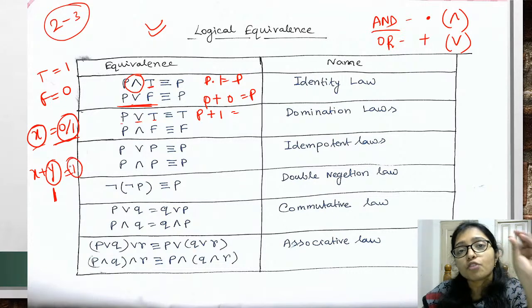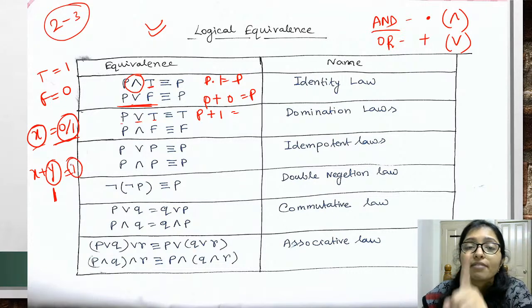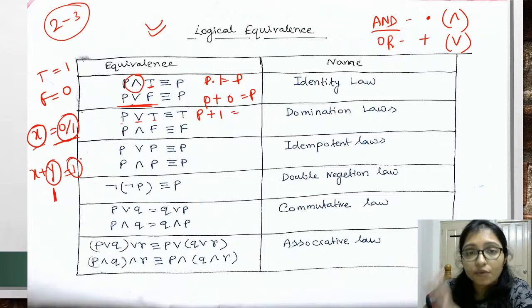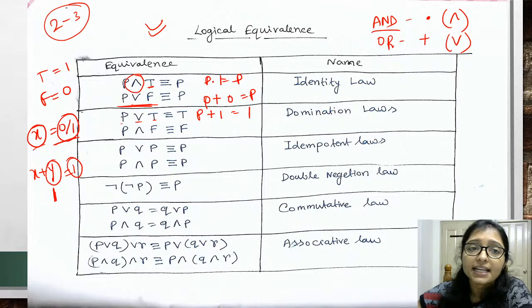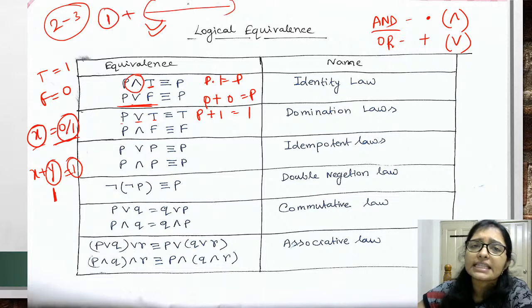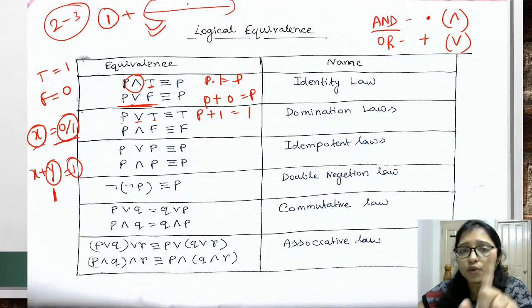For the OR gate, if one value is 1, then the result is 1. That's why P plus 1 is always 1. If at least 1 is there, then any combination with anything will be 1 always. This rule is applied many times in digital logic and in propositional logic also.